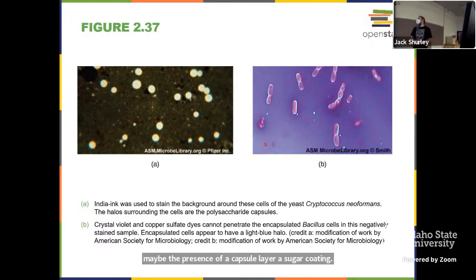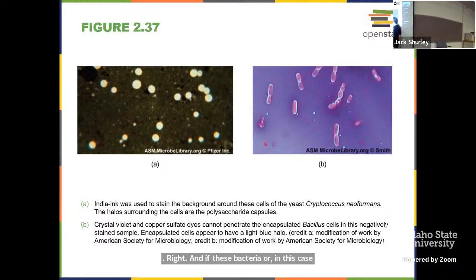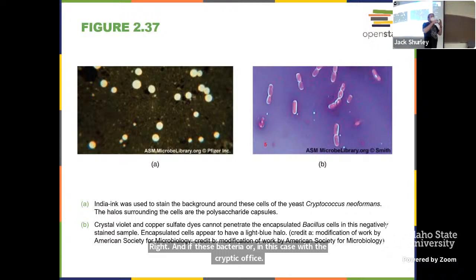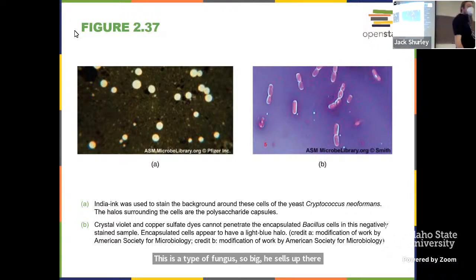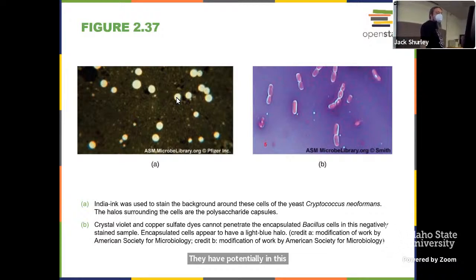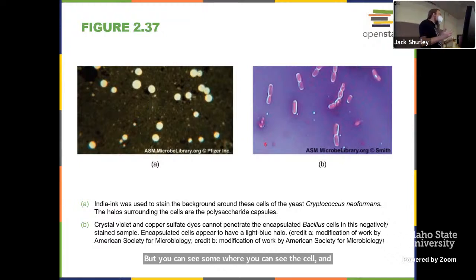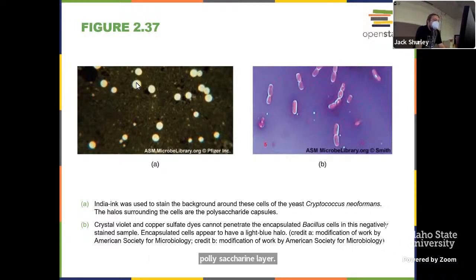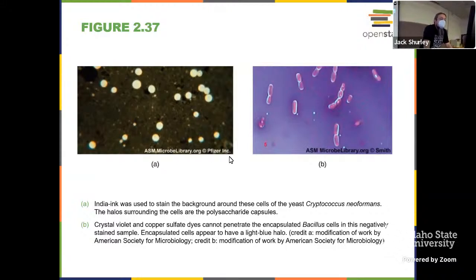And in this case with the Cryptococcus, this is a type of fungus, so big yeast cells up there, they have potentially, and this isn't the best looking, but you can see some where you can see the cell and then a huge halo around it. The halo would be that polysaccharide layer. That's sort of what this is trying to show here, but it's not as good because you can't really see the cell wall of the yeast, but that's the idea, capsule layer.